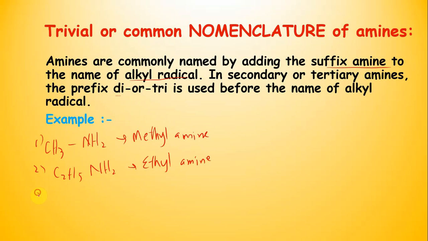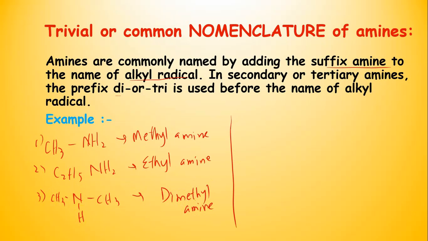And next, for example, this is N, and this is CH3, and this is also a CH3 group attached here, and then H. This will be called dimethylamine. This is called the secondary amine.